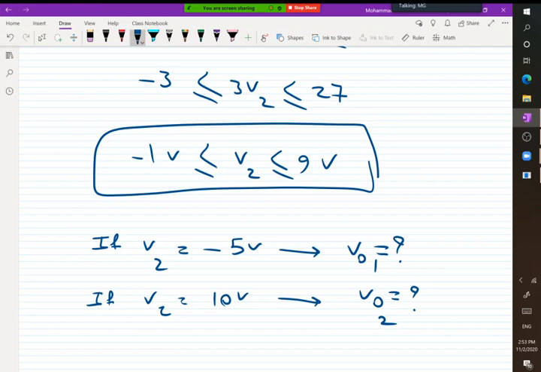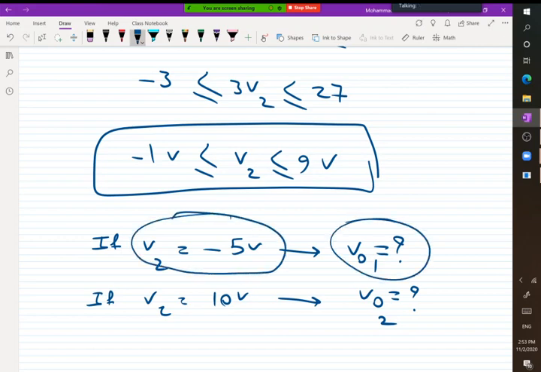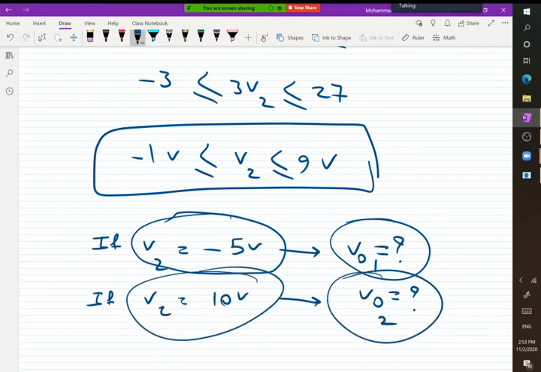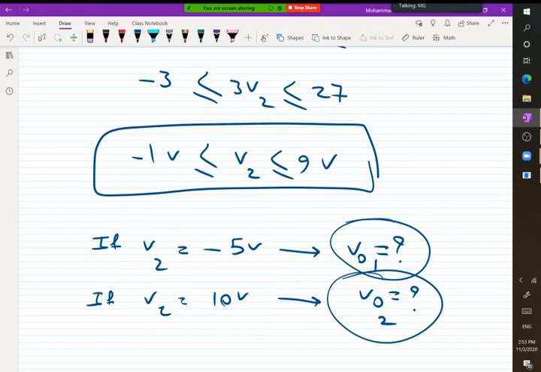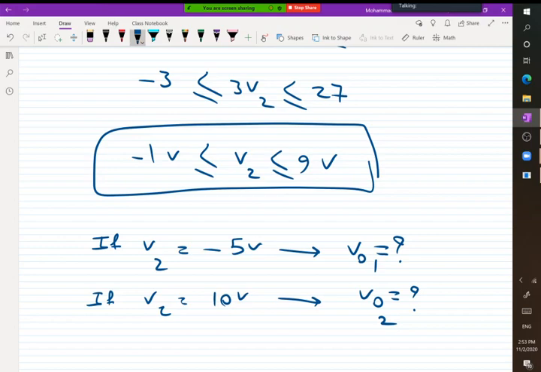Just find the value of the output if V2 is negative 5 volt, and find the value of output if V2 is 10 volt, and send it to me in the chat box.